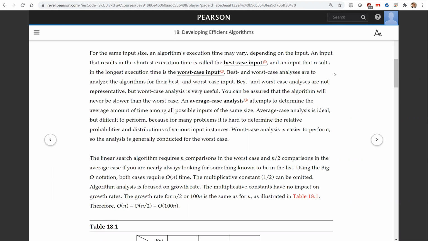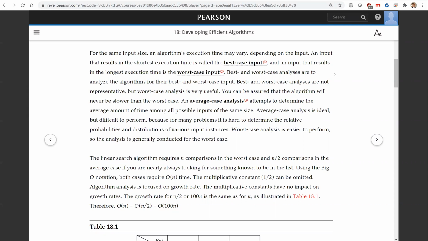The multiplicative constant, 1 divided by 2, can be omitted. Algorithm analysis is focused on growth rate. The multiplicative constants have no impact on growth rates. The growth rate for n divided by 2 or 100 times n is the same as for n.